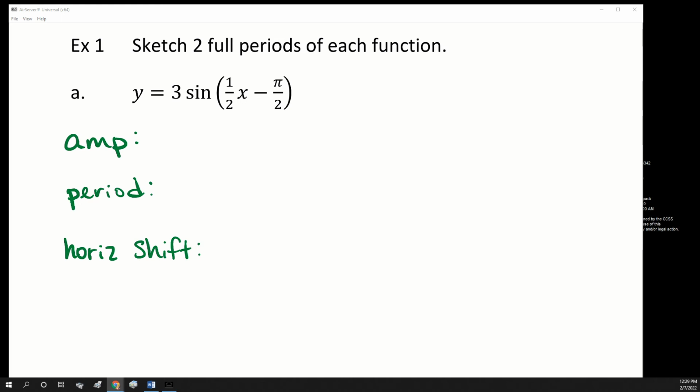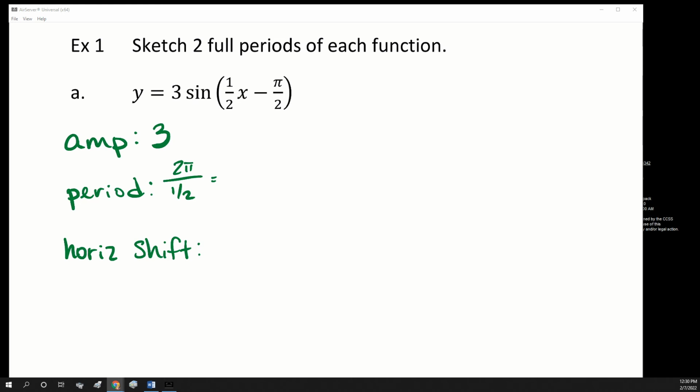Okay, so those of you that were here, what would you say the amplitude is? 3. So the amplitude is going to be the absolute value of whatever number you see first. Okay, and then for the period, we're going to take 2 pi, and we're going to divide it by whatever is being multiplied by x, which in this case is 1/2.